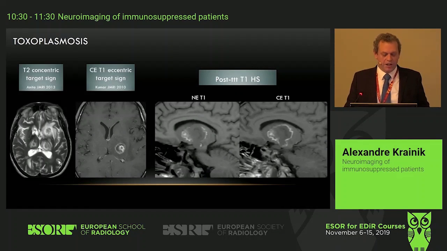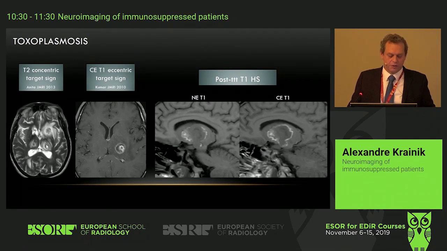Here are the two most common morphological features of toxoplasmosis. First, on T2, what's called the T2 concentric target sign, with a dark center, a high signal rim, and another rim with a milder signal. And on T1, which is much more suggestive, the eccentric target sign, on T1 post-contrast.